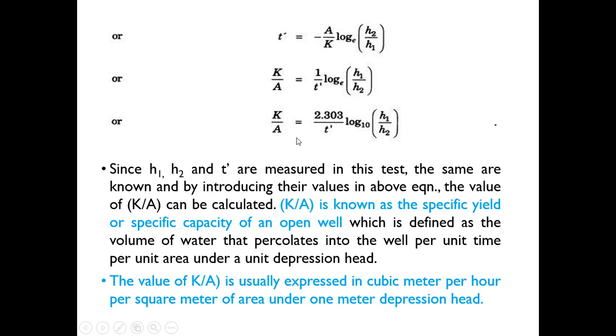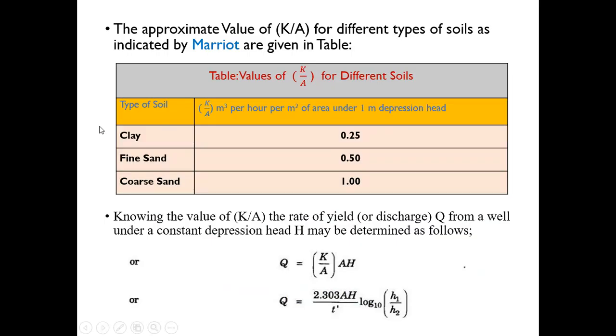This k is the specific yield or specific capacity of an open well, which is defined as the volume of water that percolates into the well per unit area under unit depression head. In this way we can find the specific yield from the well using this recuperation test. The value of k is usually expressed in cubic meter per hour per square meter of area under 1 meter depression head.